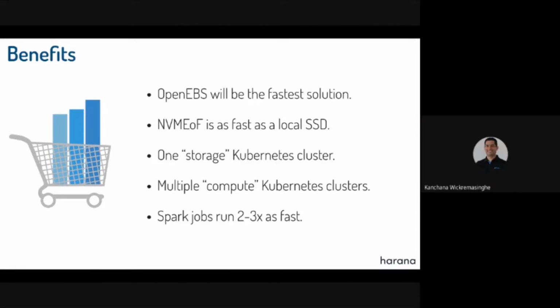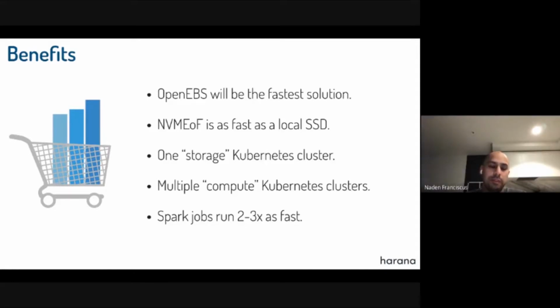Okay, I thought you were going to go through why Ceph wasn't selected. What were the key advantages of OpenEBS versus Rook and Ceph? So the advantage of OpenEBS is that it's architecturally simpler.